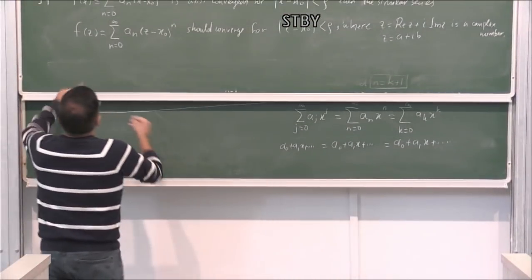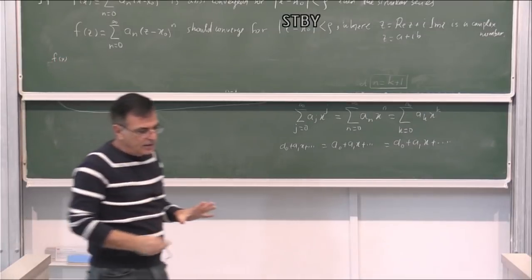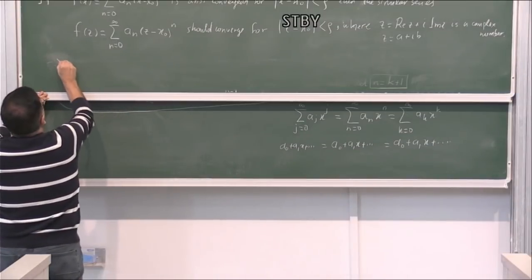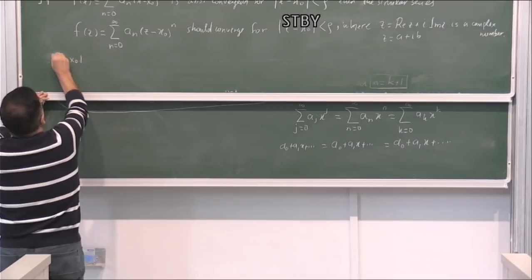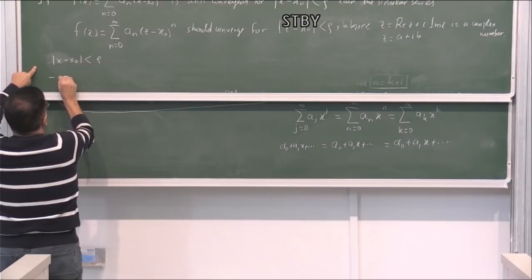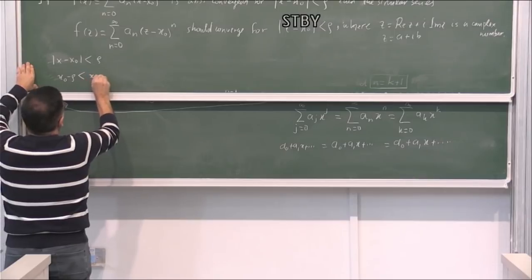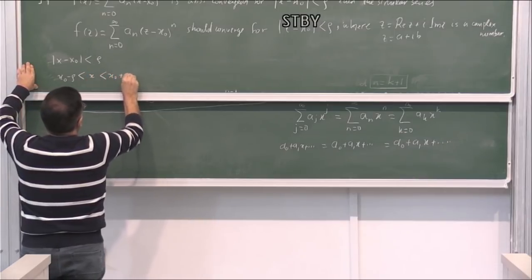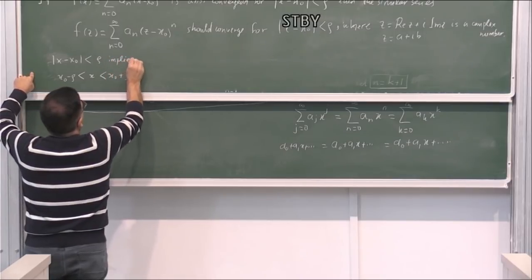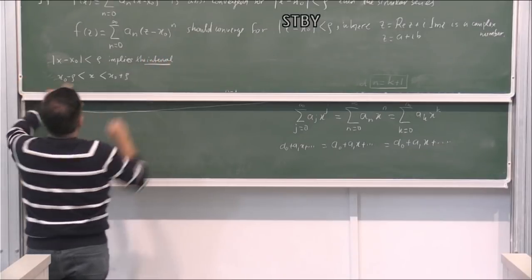Now, the meaning for this case, look, for the real case, absolute value of x minus x0 smaller than rho means this interval. As you remember, x0 minus rho, x0 plus rho, okay? It implies the interval. Good?